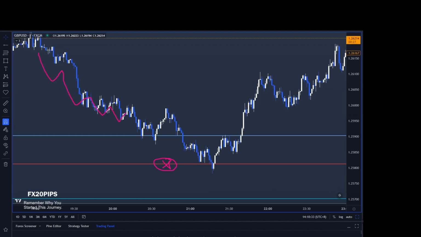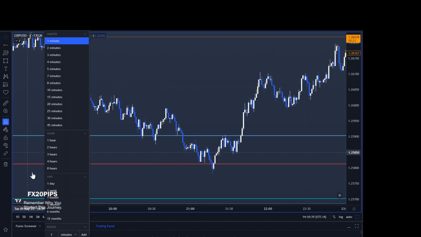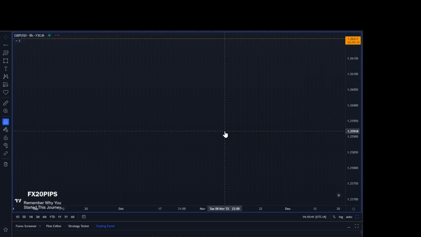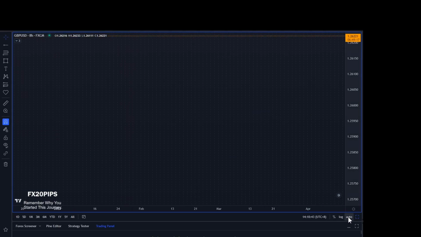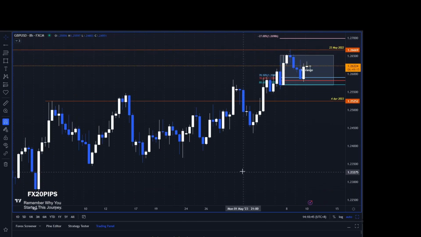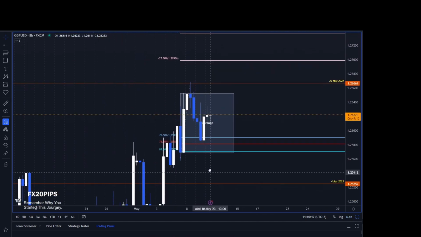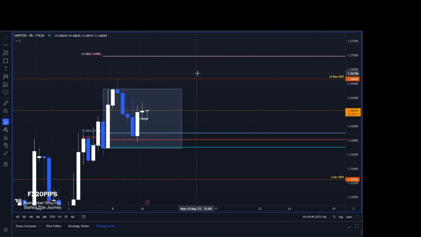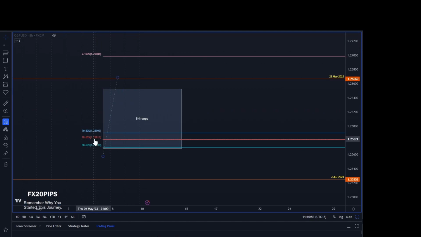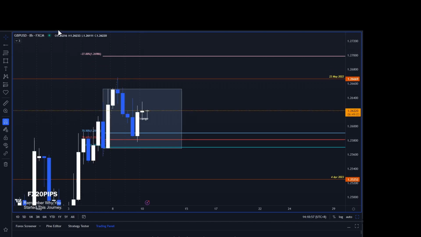Okay, which is based on the fib. What level was it? Let me just go back and have a look. So based on yesterday, the red color line fib was 1.25813. Okay.